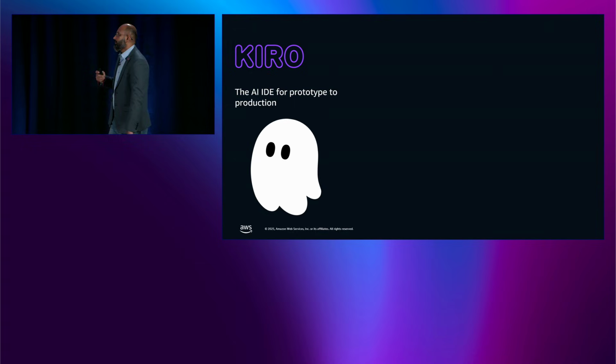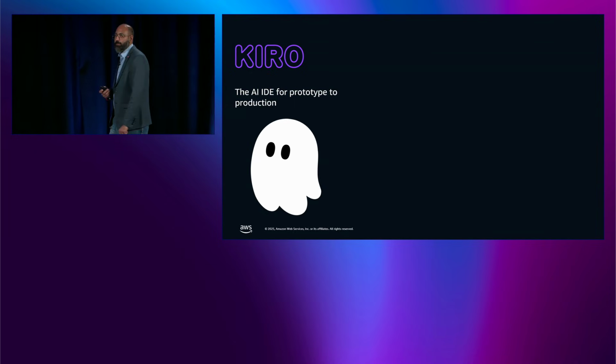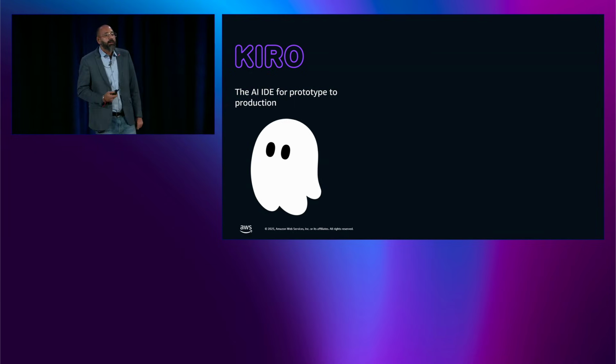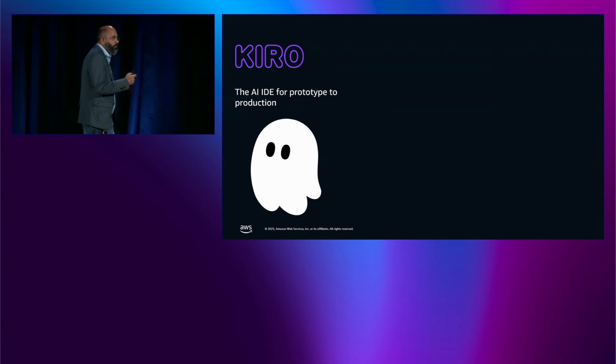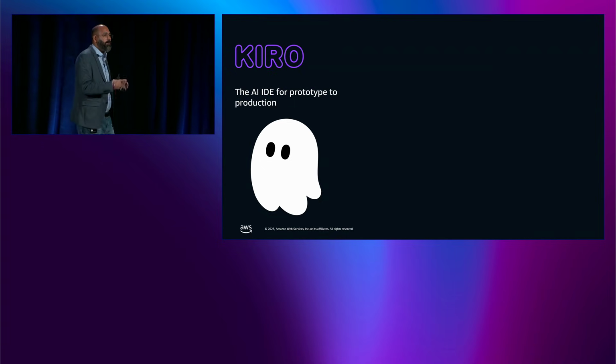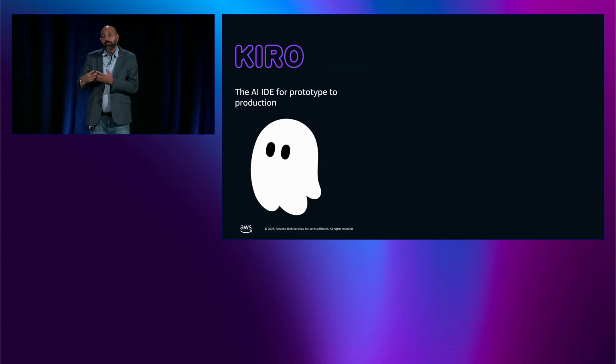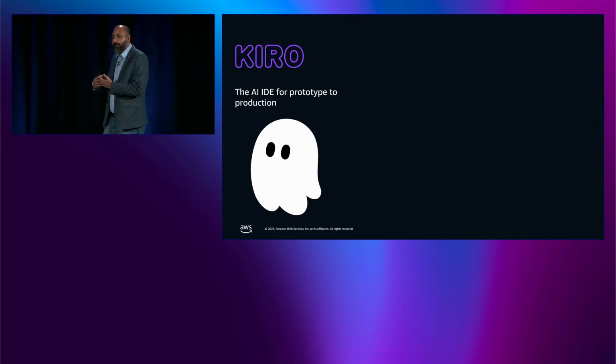Now, developers have mostly leveraged code companions or AI-based IDEs to perform vibe coding. We want to move away from that phase and, instead of vibe coding, write viable code.